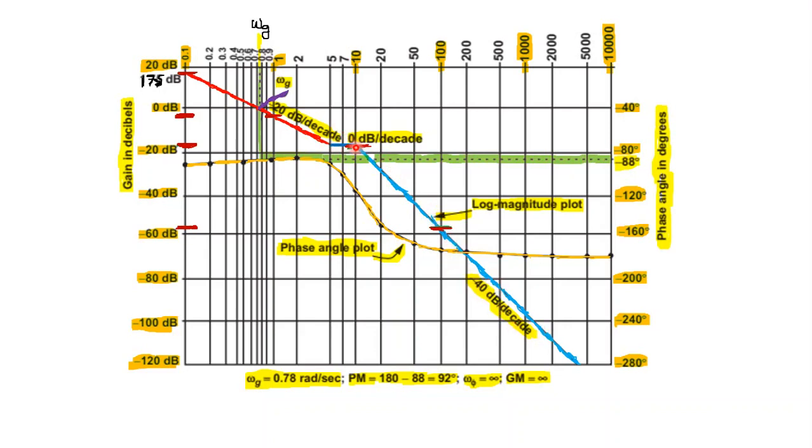That means at 10 whatever value you have, for example at 10 I have minus 17.5 dB, then at 100 it is minus 17.5 minus 40, which is minus 57.5. So mark minus 57.5 properly corresponding to 100. So that point and these 2 points you can join and extend.